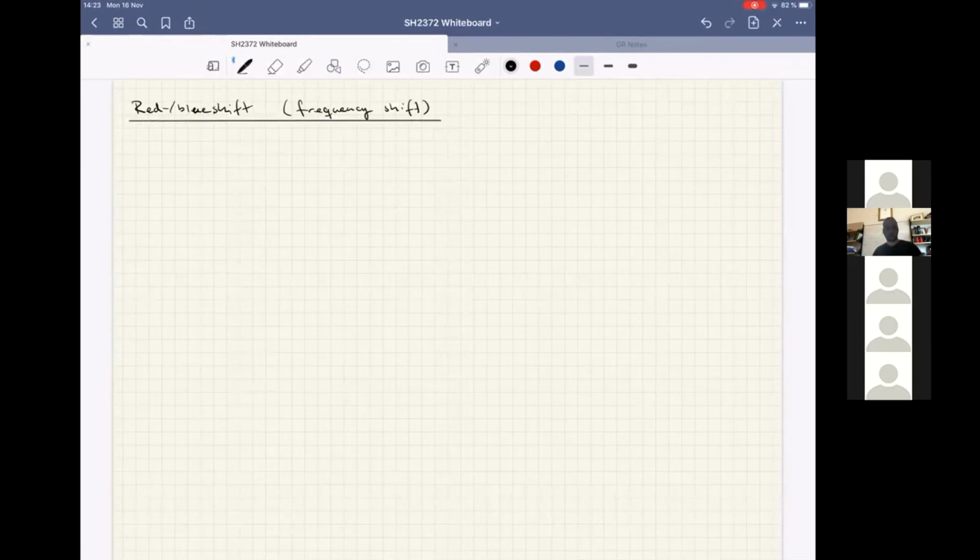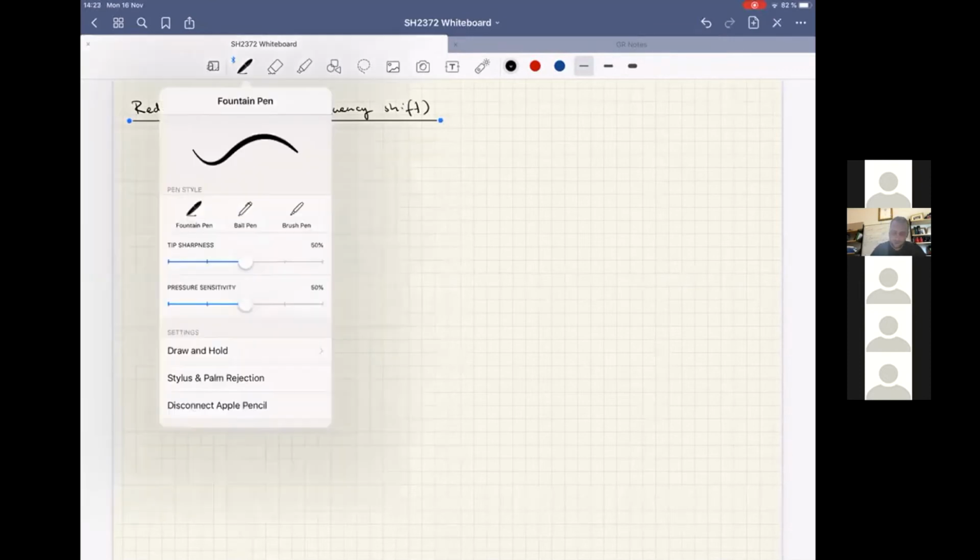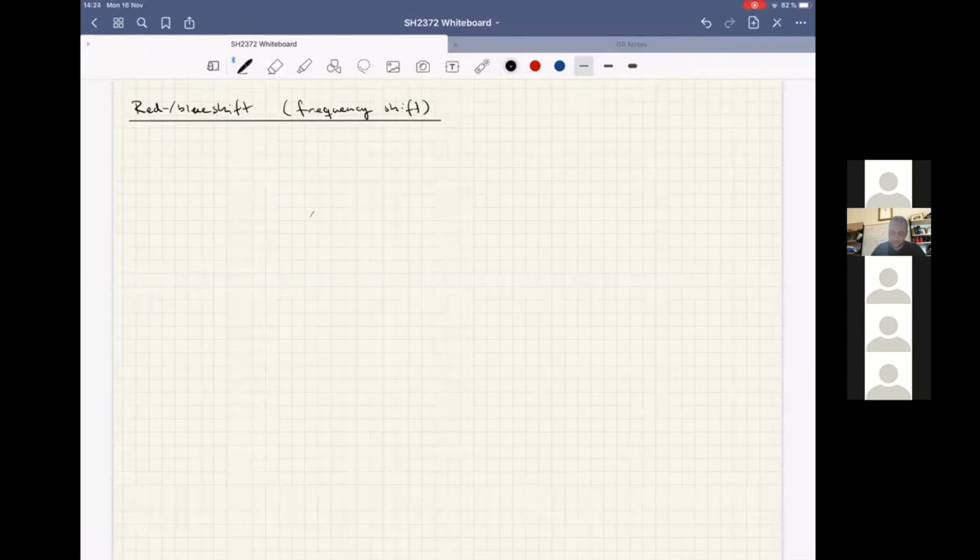So the first thing to think about is what we actually mean when we say a frequency of a wave. Frequency is something that relates to how the phase of a wave changes with respect to the time of the observer.